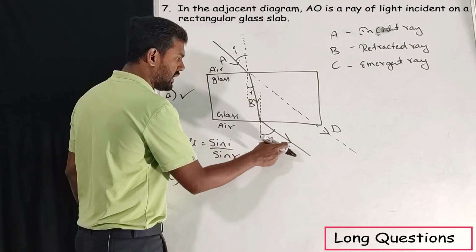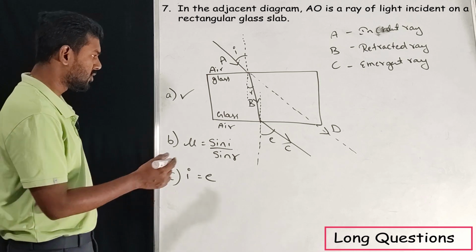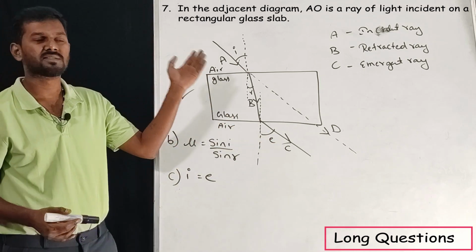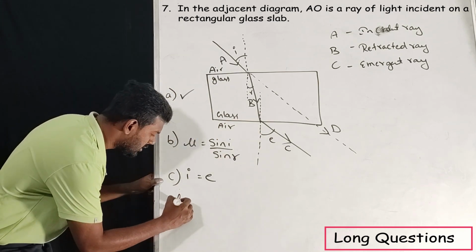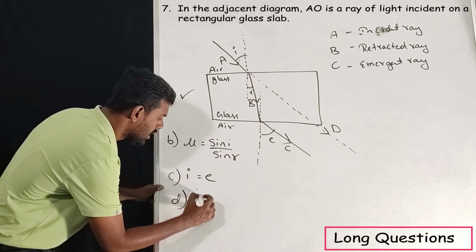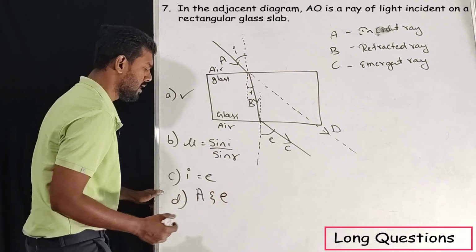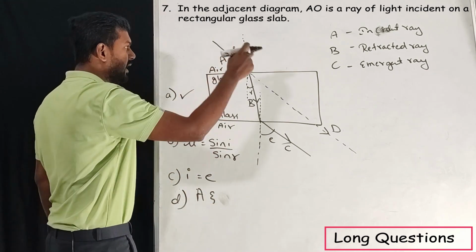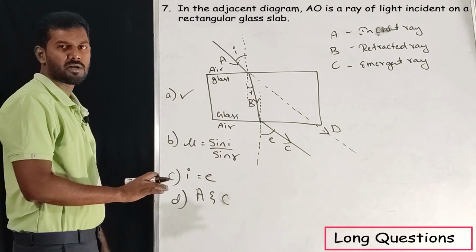So C and D are parallel. That's it. So C represents emergent ray and D represents extension of incident ray. Now we have to name them. Answer for question D is, incident ray A and emergent ray C are parallel. This is nothing but naming.